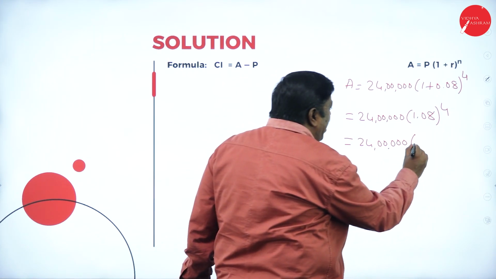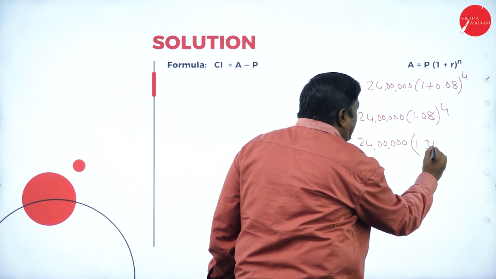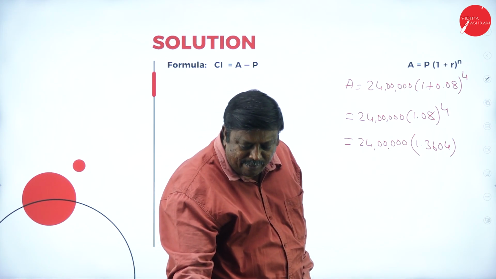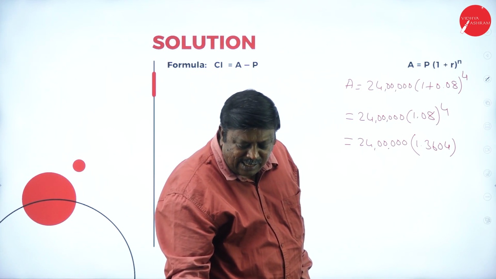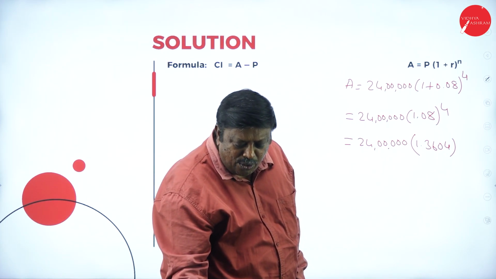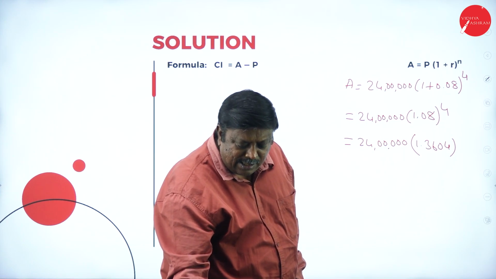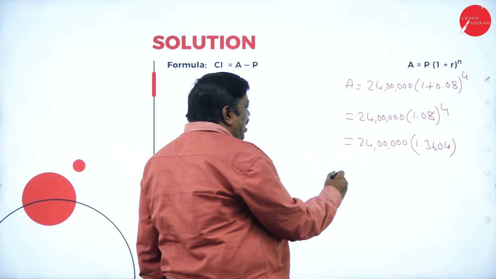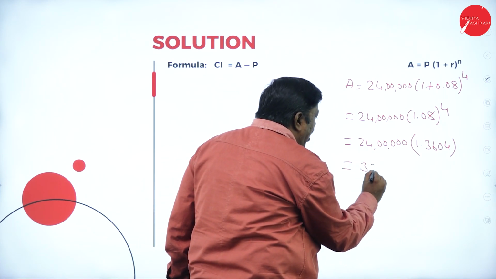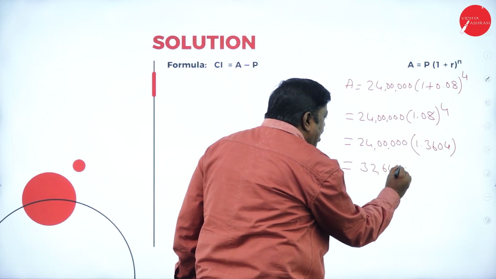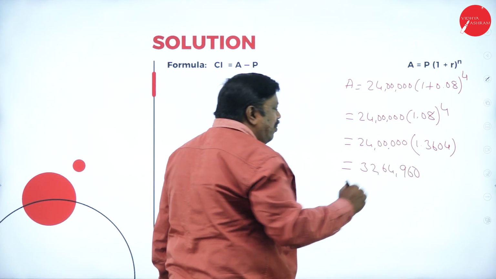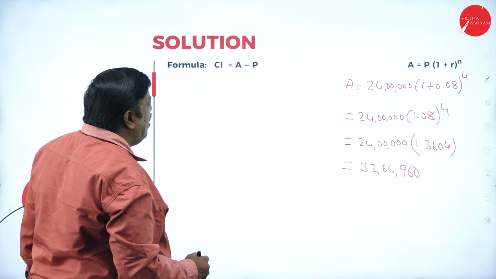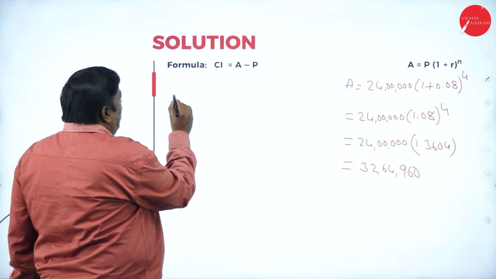So it is going to be 1.3604 into 24 lakhs. That will be 32 lakhs 64,960. 32 lakhs 64,960 will be the annuity value.